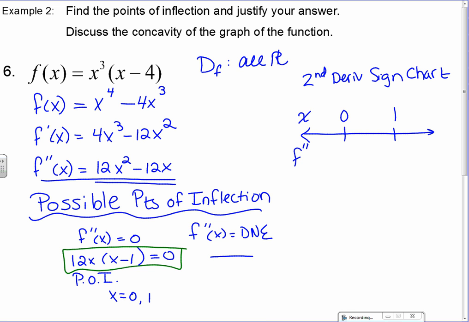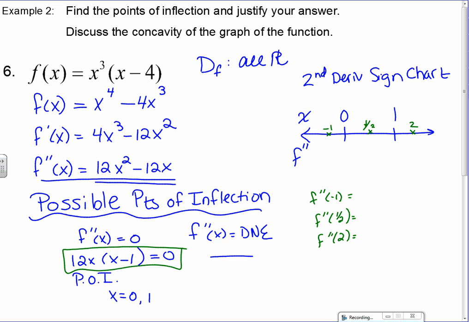To the left of 0, I'm going to call it negative 1. I'm going to spot one at positive half, and then I'm going to spot another one here at 2. So I need to examine the second derivative at negative 1, at a half, and at 2. What I'm looking for is the sign.